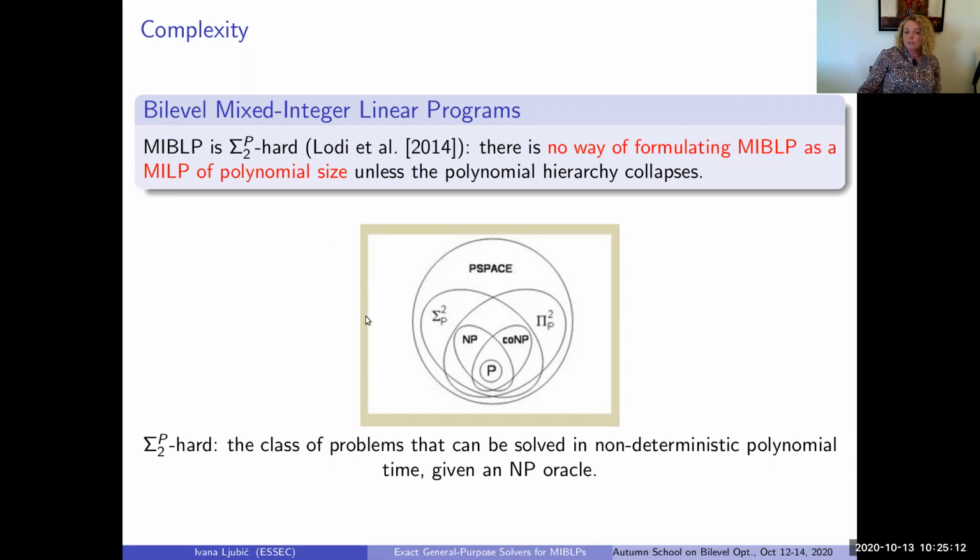Now, without going into details about the complexity hierarchy, if you just focus on the consequence of this result for modeling our problems, it is rather unlikely, unless the polynomial hierarchy collapses, that we will find a way to formulate MIBLP as a MIP of polynomial size.